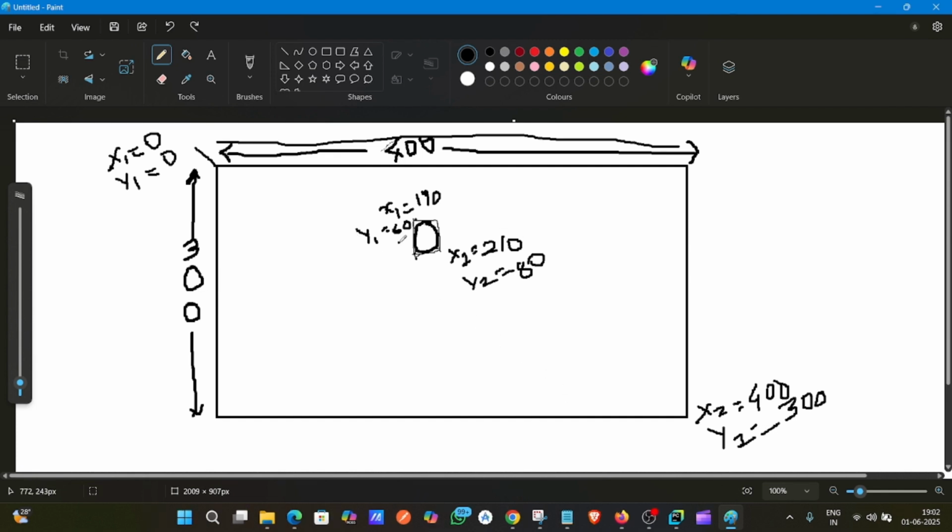And also remember one very important thing. x1, y1, x2, y2. Here also x1, y1, x2, y2.